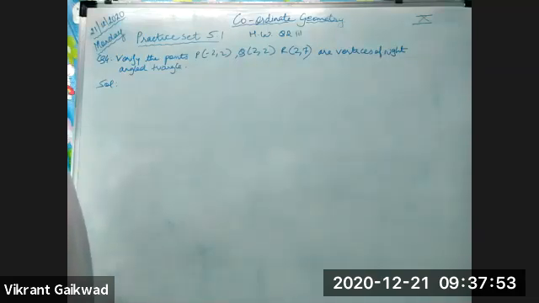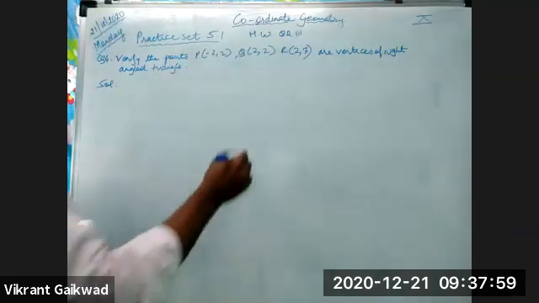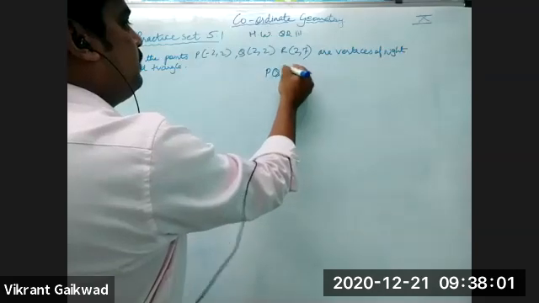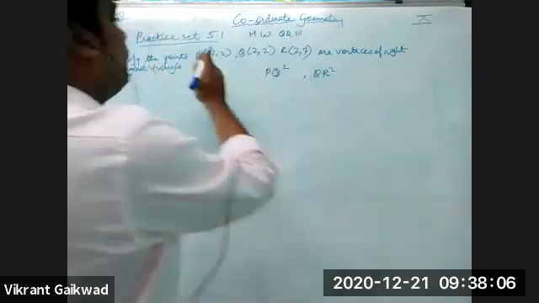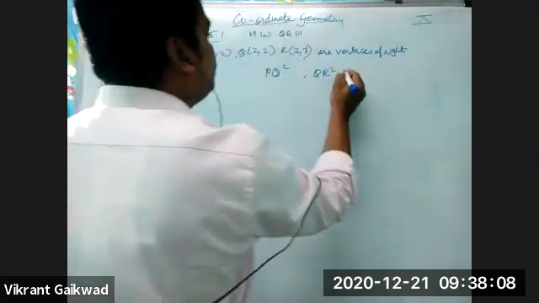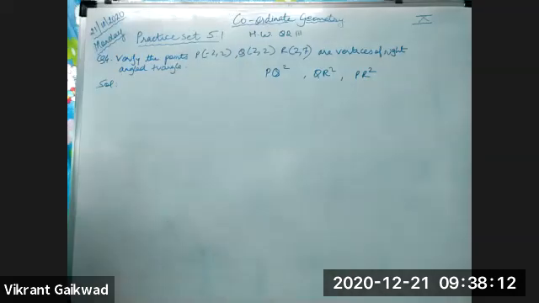That property we are going to apply here. So now suppose we will find all the squares of these sides. We'll find PQ square, QR square, and PR square. Understood?